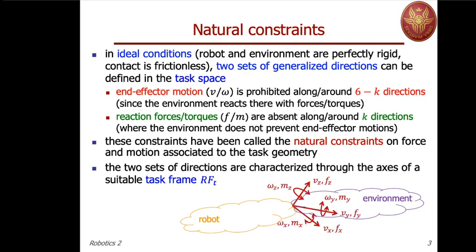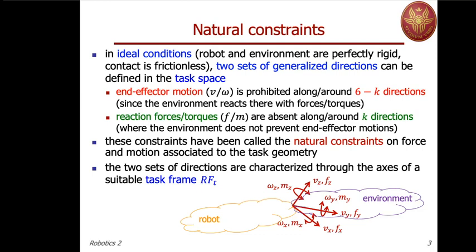So typically we place a task frame at the contact. If the contact changes in position and orientation, the task frame will move accordingly, at least in the planned interaction task.